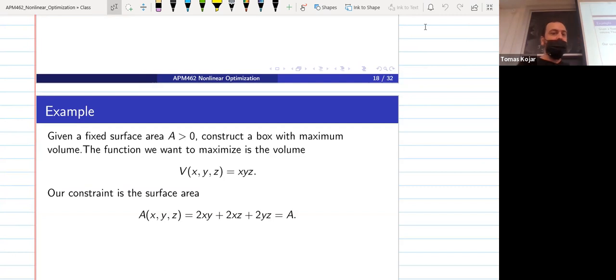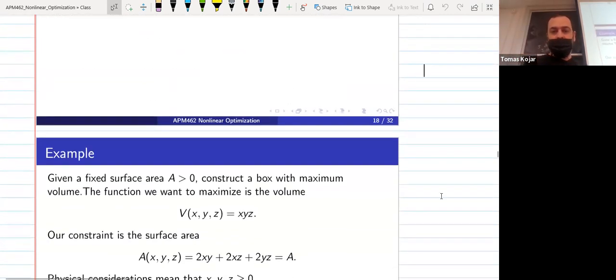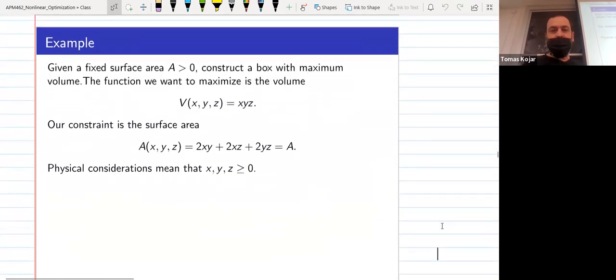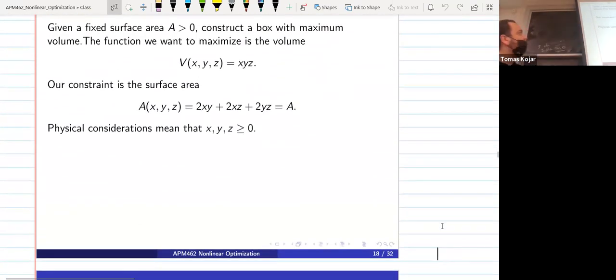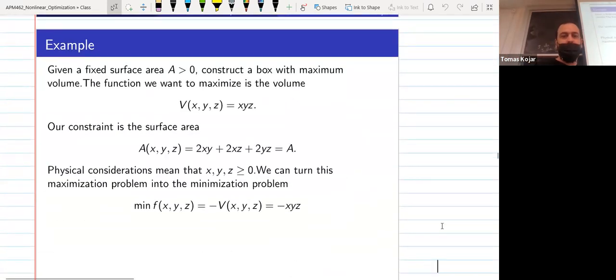Yeah, so this is the constraint. We live in the real world, so you cannot have negative length. And because we're used to convexity, it's more intuitive for humans, so we're going to look at minimization.